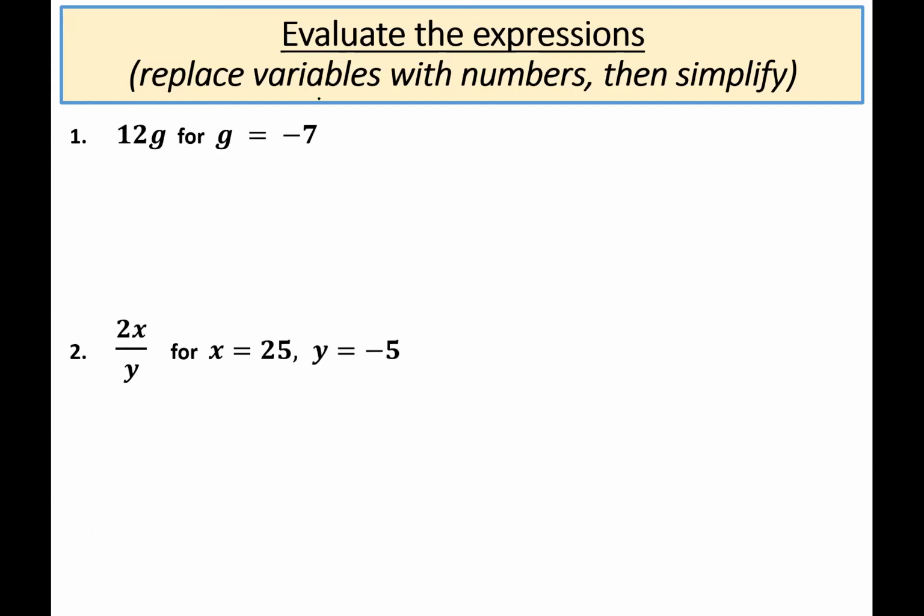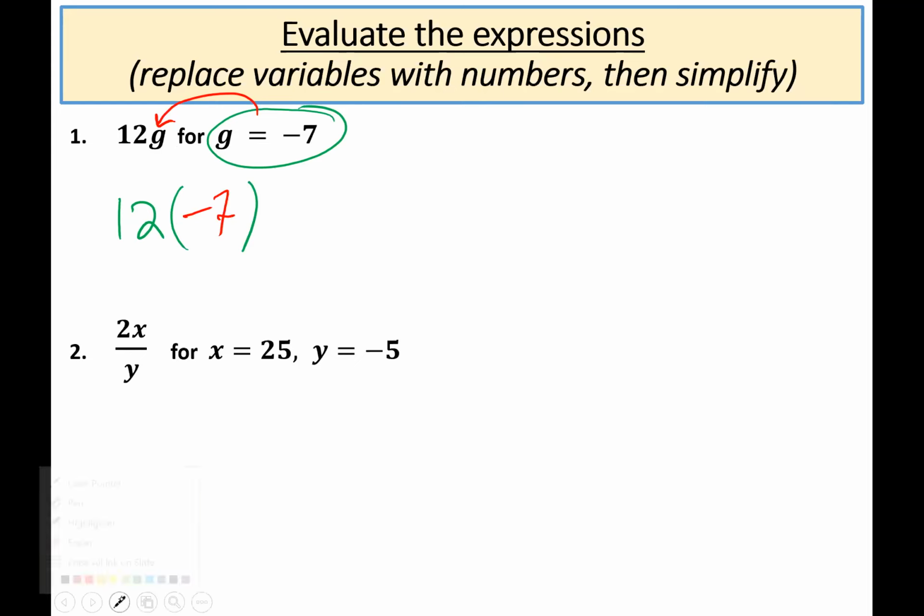So it's basically telling you what to plug in. 12g means 12 times g. Well, what is g? We were just told g is -7. So I will replace g with -7. I'm writing 12 times -7. And then all we have to do is simplify. 12 times -7 is -84.